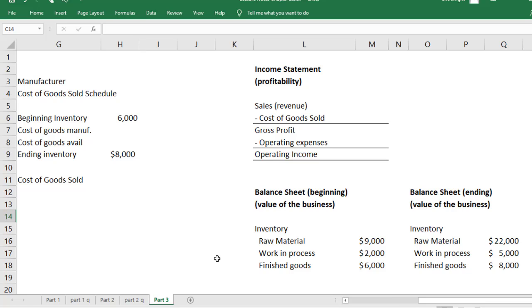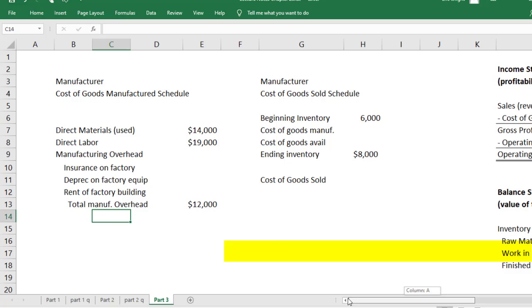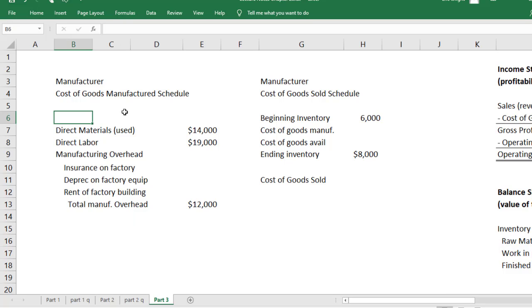If they're not finished, they're not manufactured. Manufactured means completely manufactured. So we need to add the work in process at the beginning of the year and take out the work in process at the end of the year since it wasn't finished. So we'll add beginning work in process and we'll subtract ending work in process.